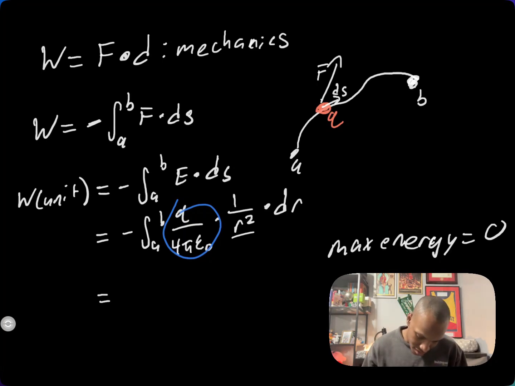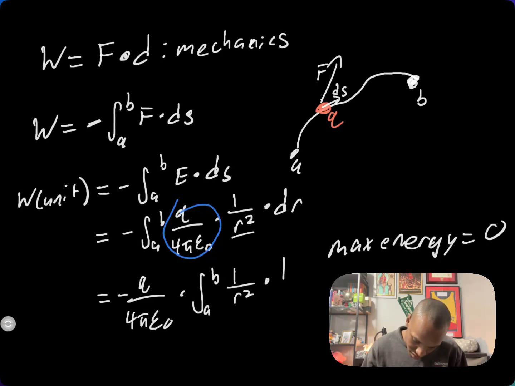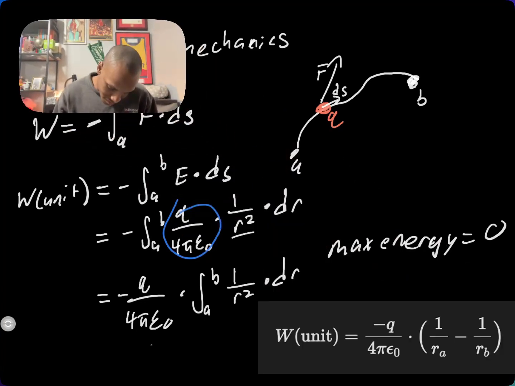So we can write this as negative Q over 4 pi epsilon naught times the integral from A to B of 1 over r squared dr. And if you do this integration, it's not the most complex, you will end up with negative Q over 4 pi epsilon naught times 1 over RA minus 1 over RB. That's just because we're applying these limits to the integral.